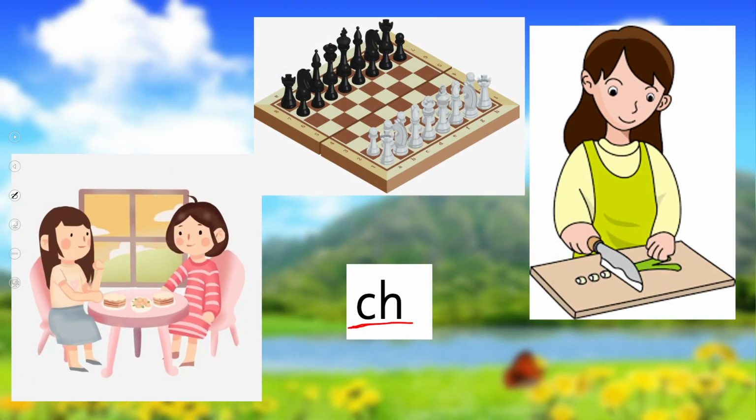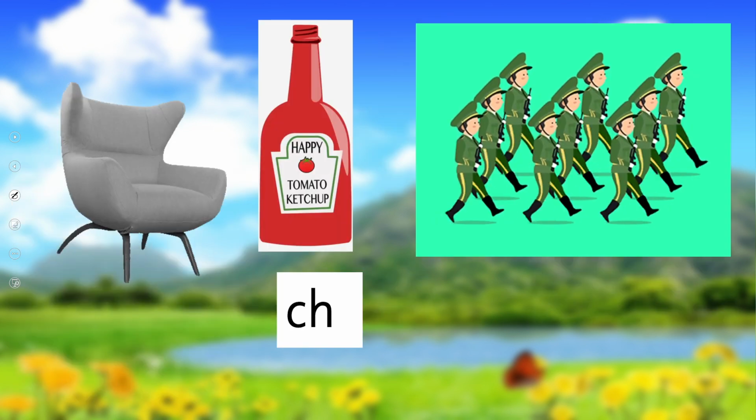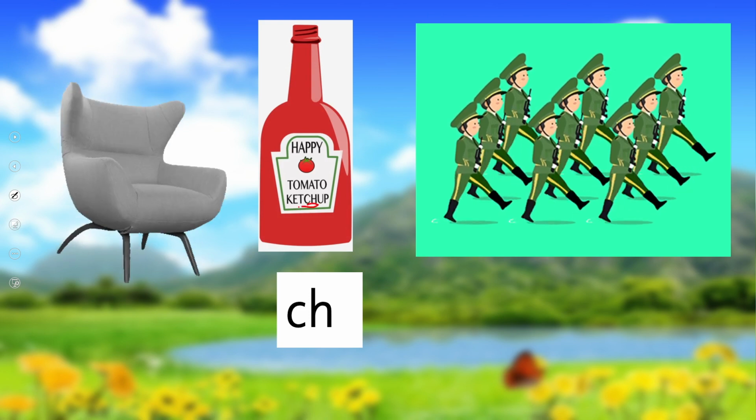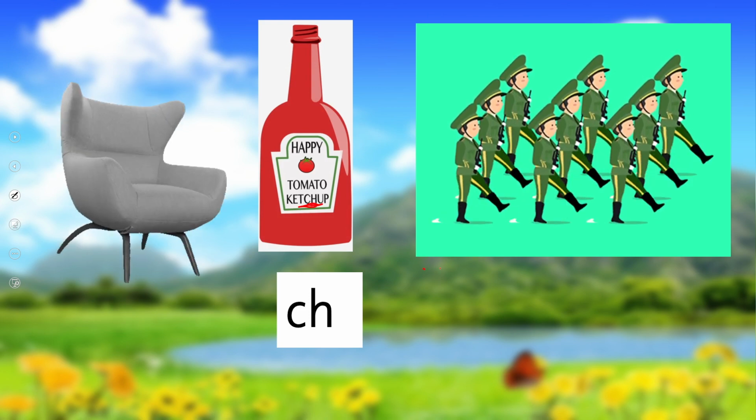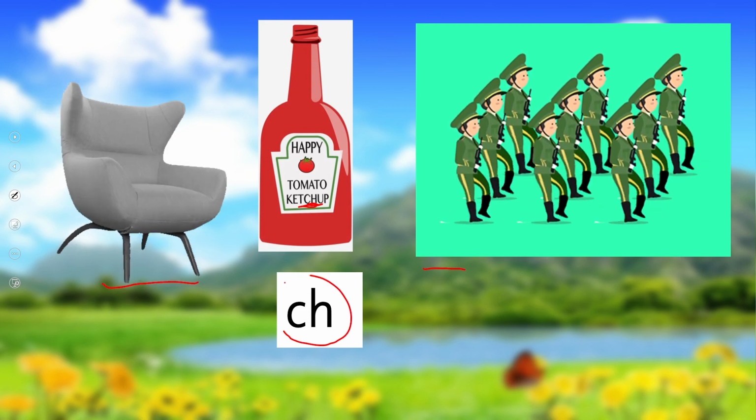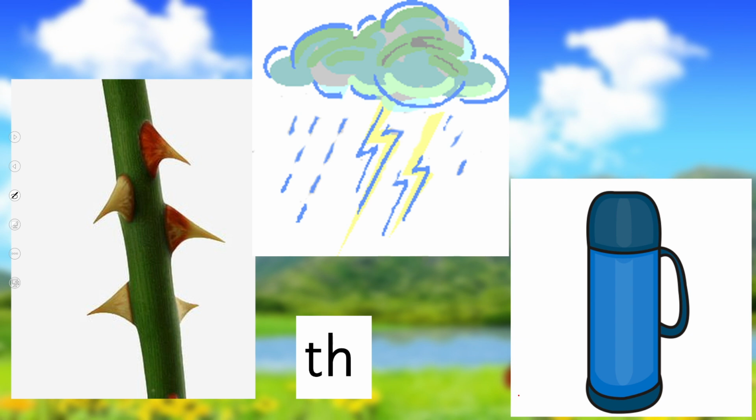Okay. Now look at the pictures. With this digraph, whatever comes in your mind: lunch, chair, chess, chop, right? So all the words are containing this digraph. Ketchup, march, chair, torch, bunch, sandwich.